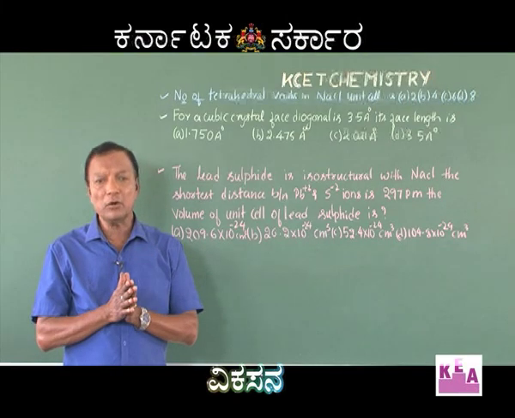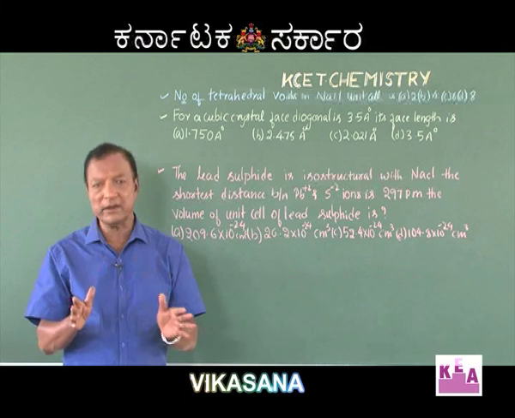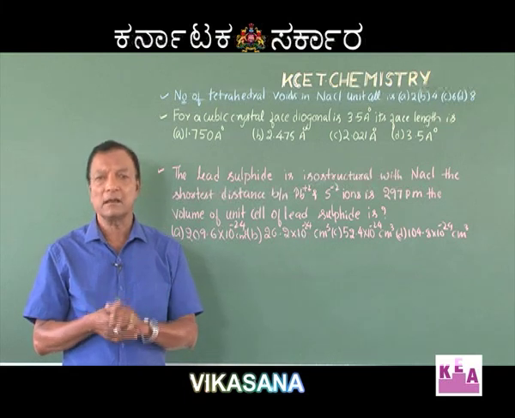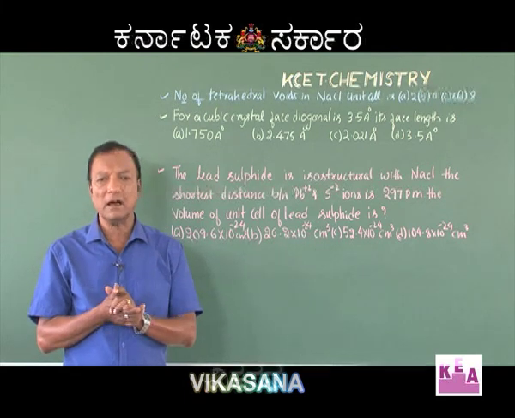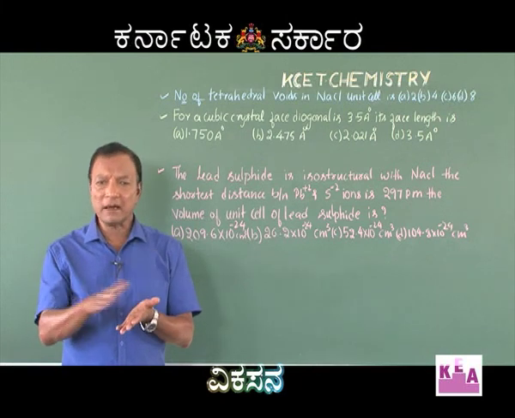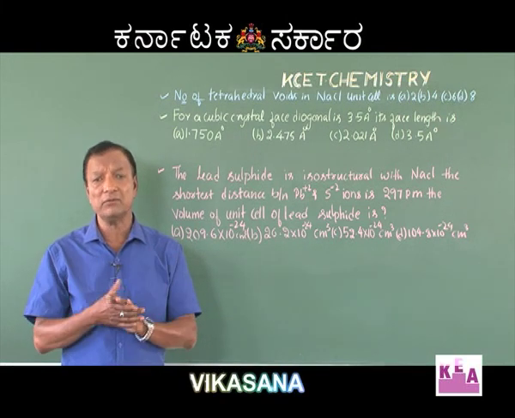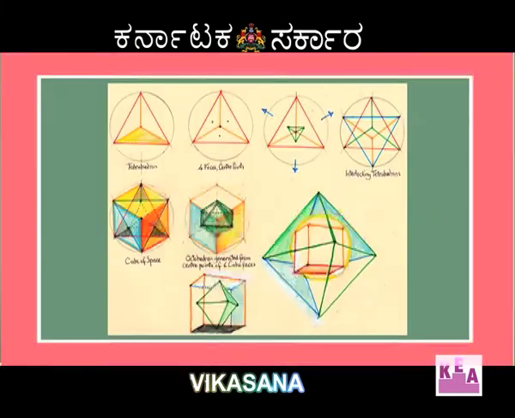As we already know, in the close packing system, there will always be empty spaces. And these empty spaces are considered as the voids. In the packed structure, we come across 2 types of such voids. Number 1, tetrahedral void, and number 2, octahedral void.